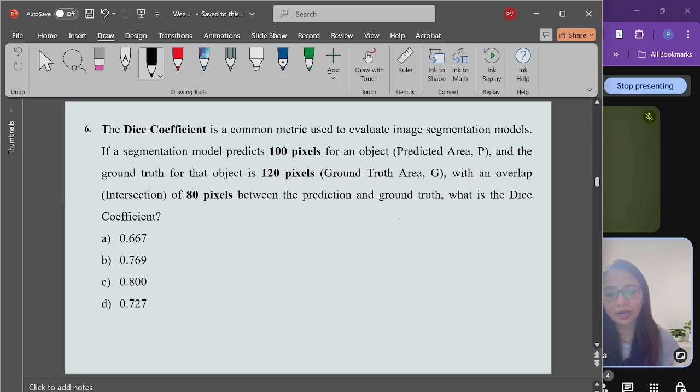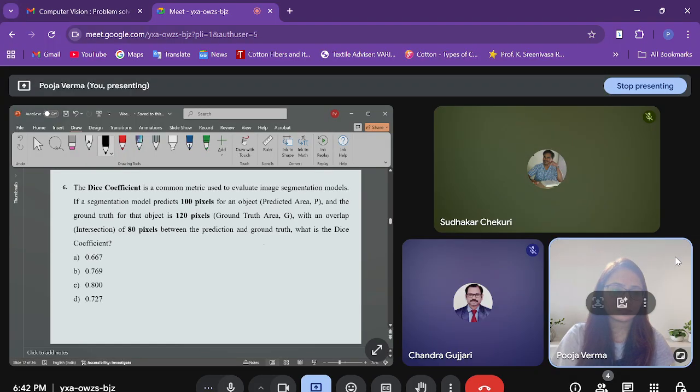So how to calculate the Dice coefficient? Does anyone know the formula for the Dice coefficient, or any idea? Please try to give an answer for this at least.